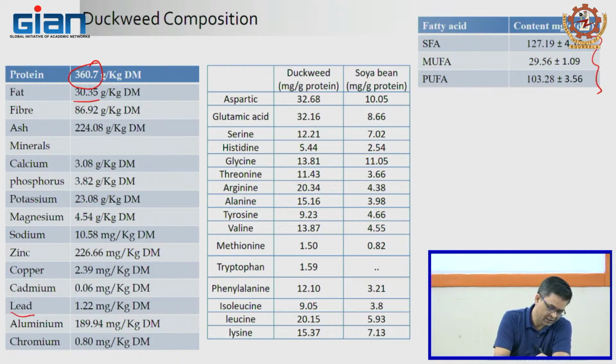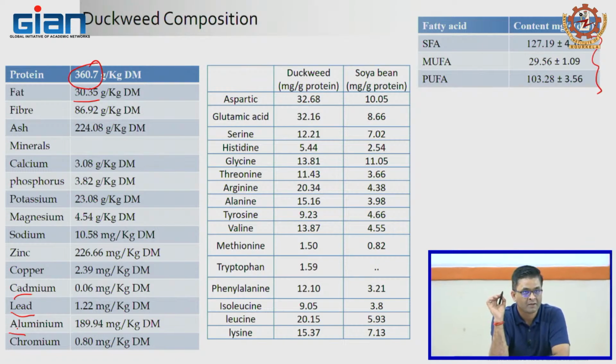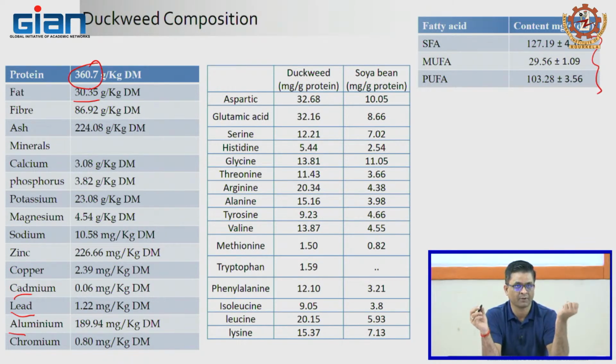Now, when you see the lead, aluminum, chromium, all these things are coming in from the water. So, that is why these plants are also known for phytoremediation. That means you capture those heavy metals from the water to clear the water. And then the second question, what do you do with this biomass? If you are concentrating it, getting only the ash, you are concentrating the minerals.